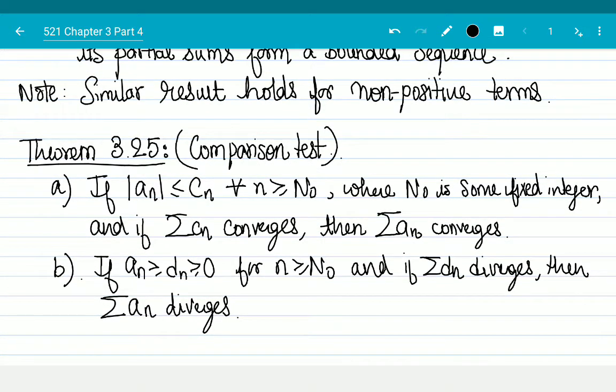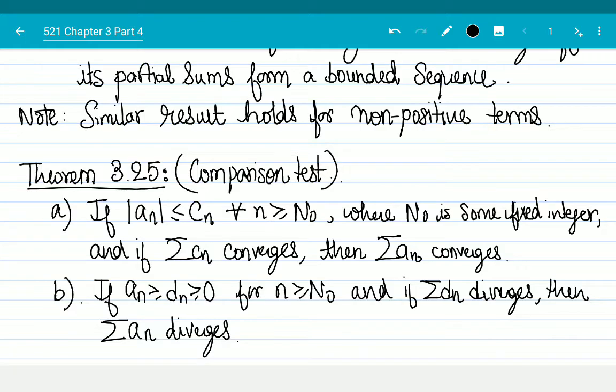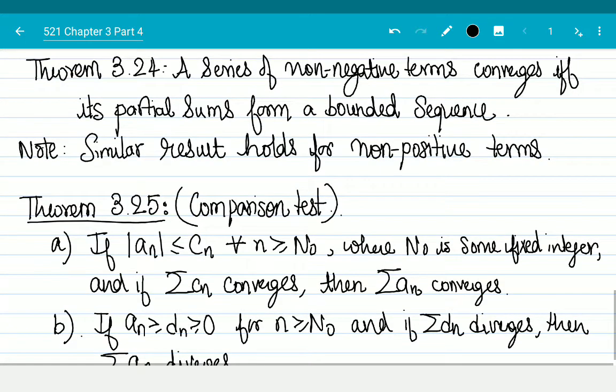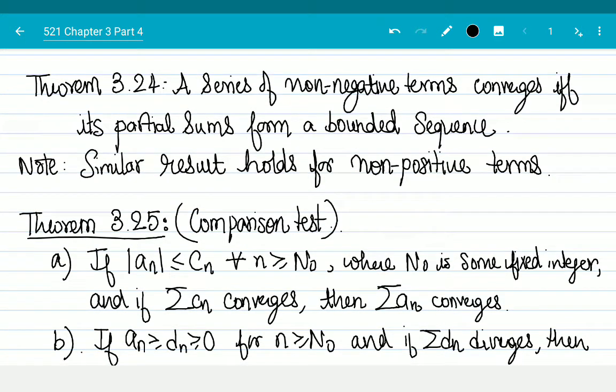Now, there is something to note here that I forgot to mention. Starting from theorem 3.24 and theorem 3.25, both of these theorems are comparing terms. You can only compare real numbers. There is no order on complex numbers that we have seen, right?